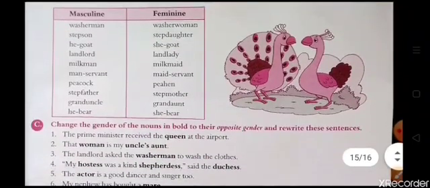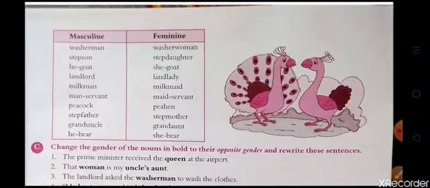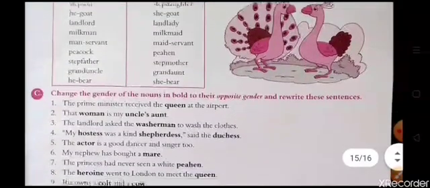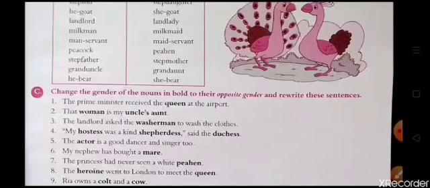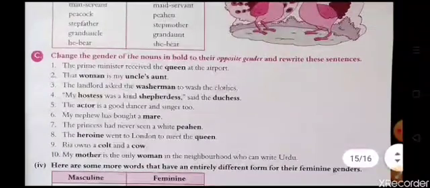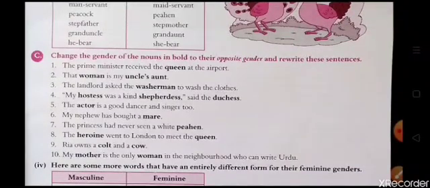Here you can see washerman, washerwoman; stepson, stepdaughter; he-goat, she-goat; landlord, landlady; milkman, milkmaid; manservant, maidservant; peacock, peahen; stepfather, stepmother; granduncle, grandaunt; he-bear, she-bear.